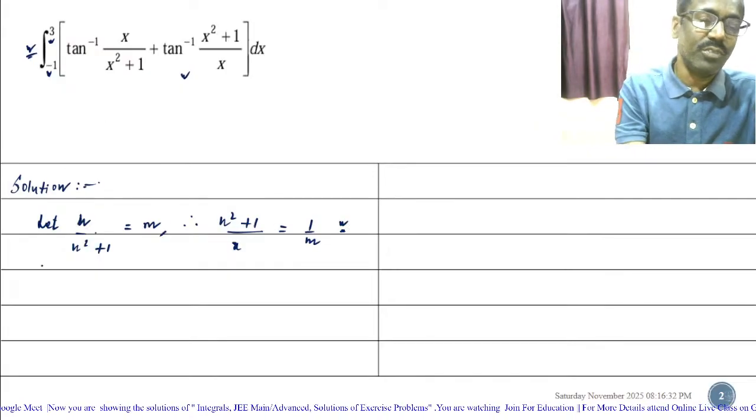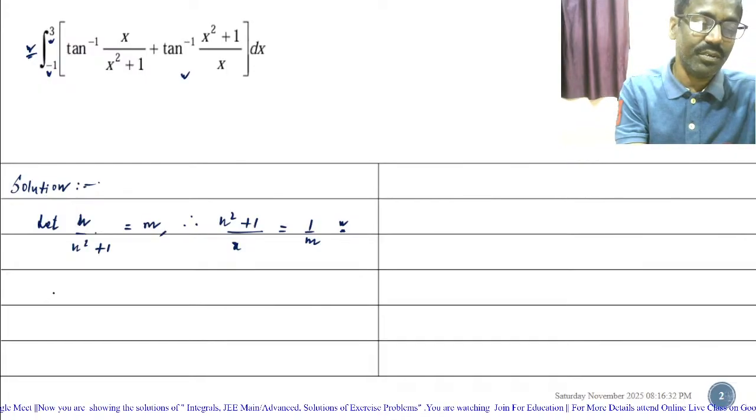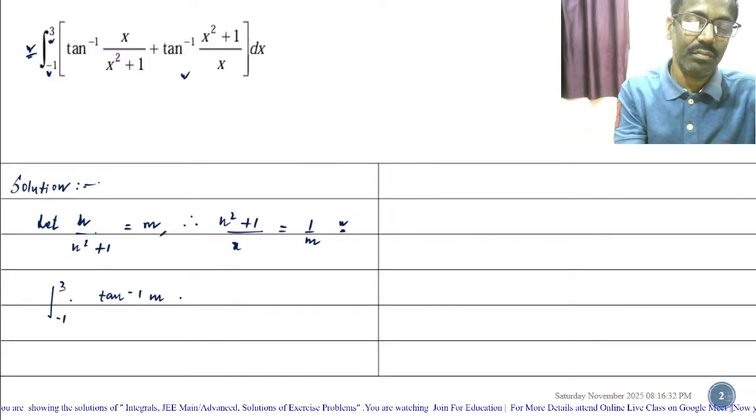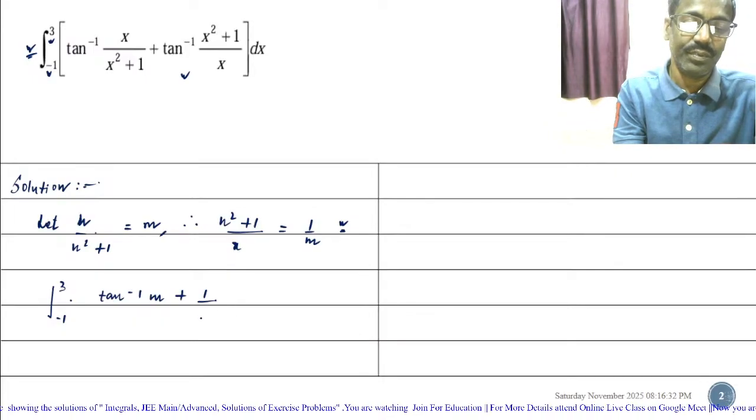So the form of the question here will be the integral from -1 to 3 of tan inverse m plus tan inverse 1 by m.